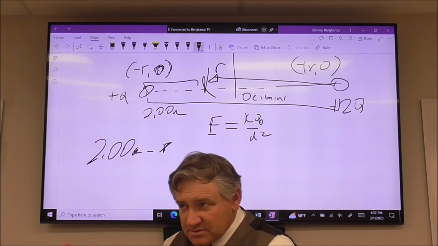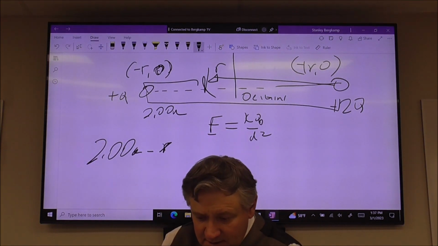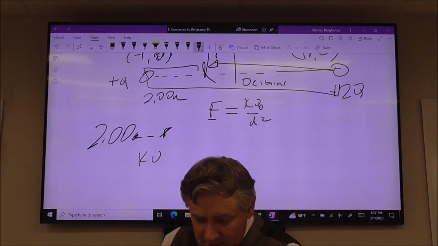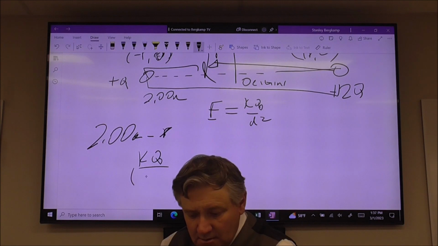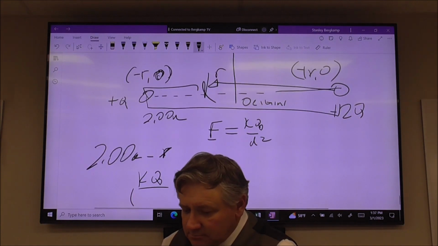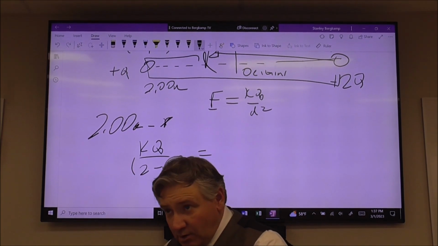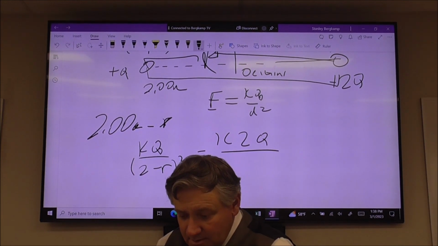So algebraically, how would you set it up? If you're defining this as Q, you can have KQ over what? R squared. No, no, that's not right. Sorry. That'd be 2 minus R, that'd be 2 minus R squared, equals, and that had to equal K 2Q over R squared.